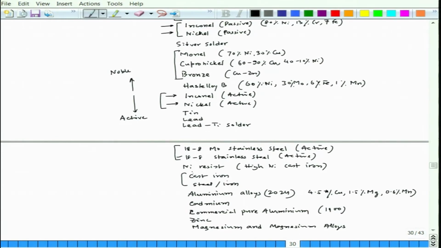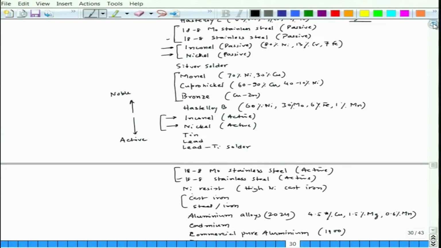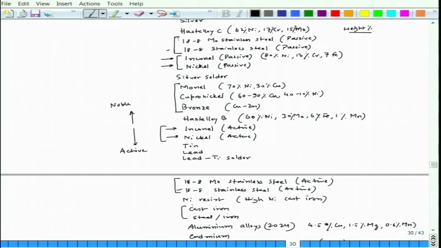Now, first let us understand this clubbed part. So, if you see those clubbing, this is one club, this is another club. Now, in that club, you can have a connection between Inconel and nickel, or 18.8 molybdenum stainless steel and 18.8 stainless steel.